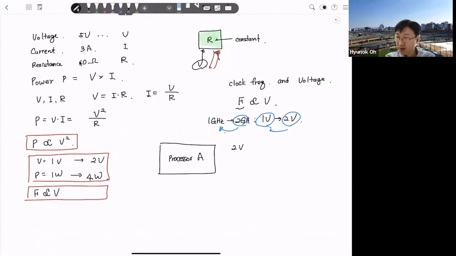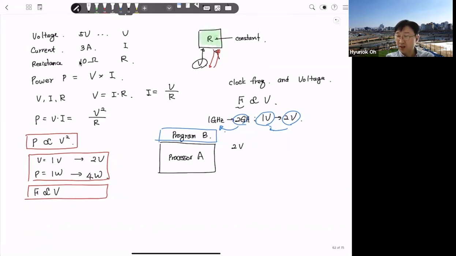On this machine, we are running program B. Currently processor A is receiving 2 volts, and let us assume the power is 10 watts to complete program B. The execution time was 10 seconds. Let us assume this is happening.